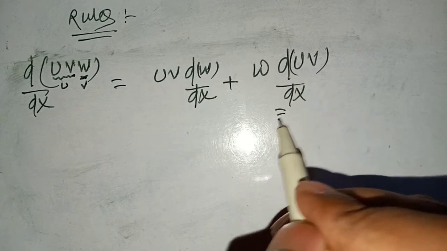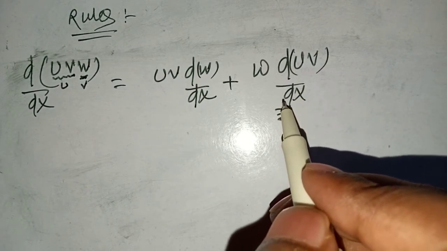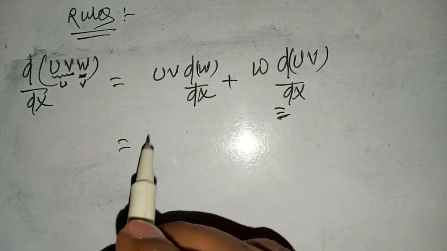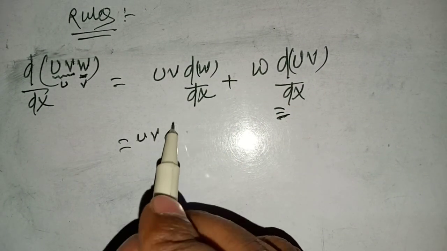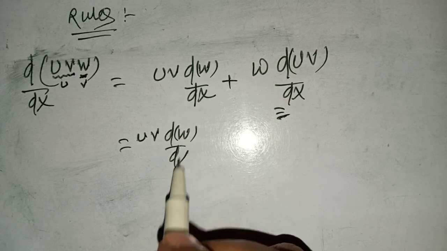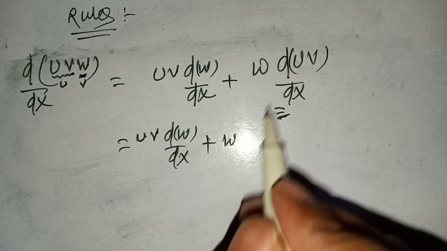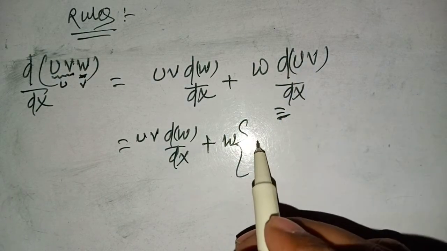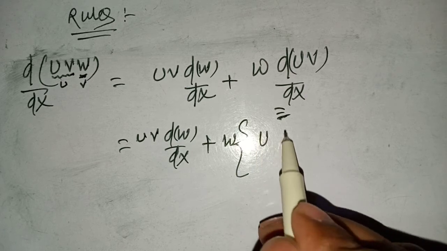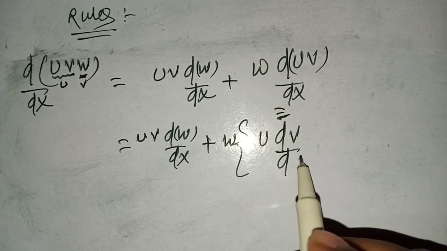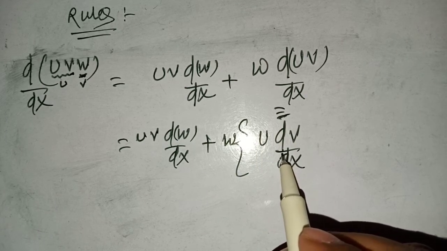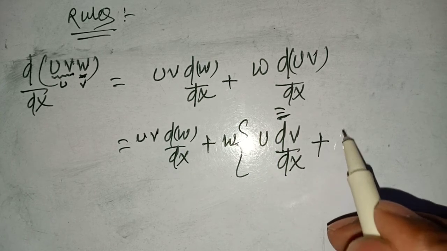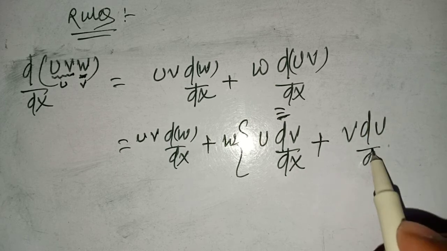Now here we will apply the differentiation of uv by dx, so what will happen: uv dw by dx plus w. Now here we will apply that formula, so once again u will come out, dv by dx plus v will come out, du by dx.